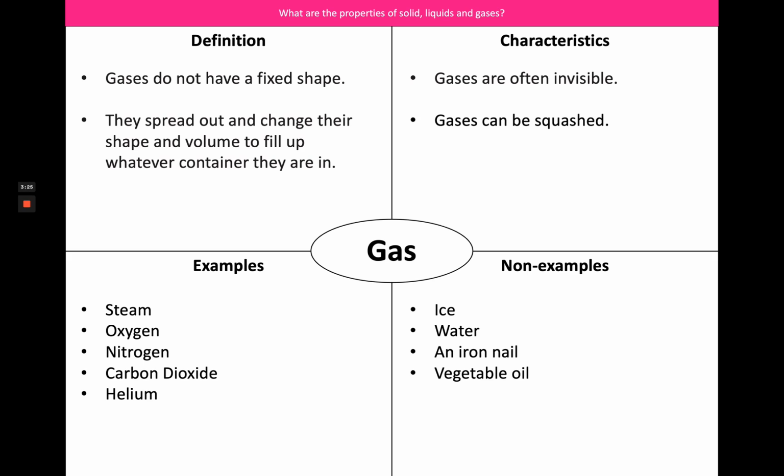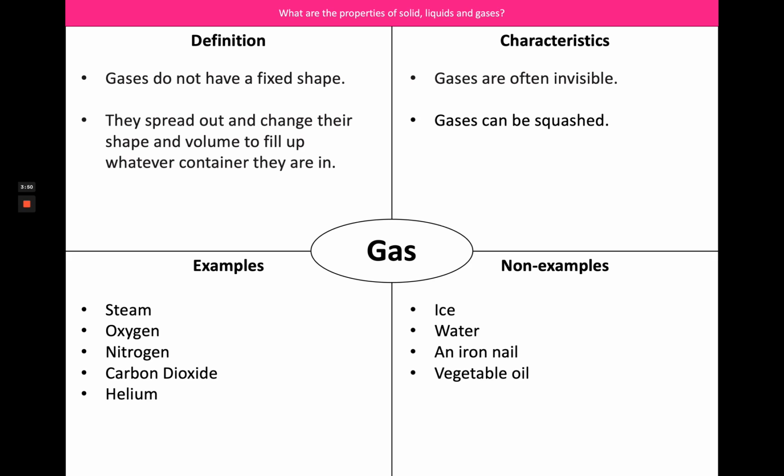Finally, gas is the third state of matter. Gases do not have a fixed shape, and they will spread out and change their shape and their volume to fill whatever container they're in. So that is completely different from both a solid and a liquid. They are typically invisible, although not always. And something that is very different to solids and liquids is that they can be squashed.